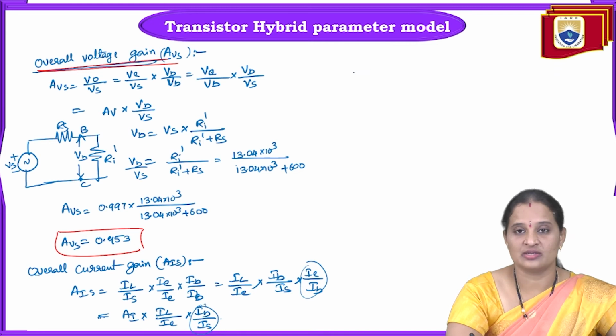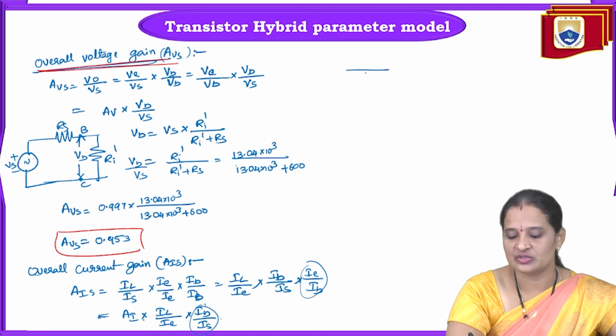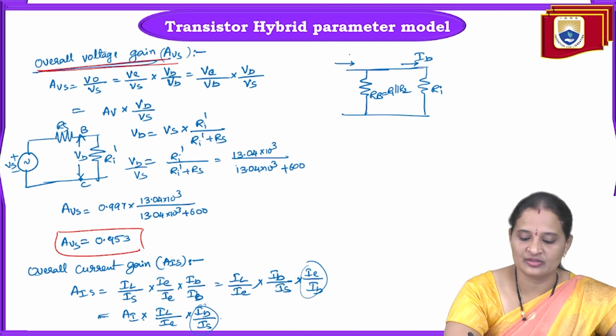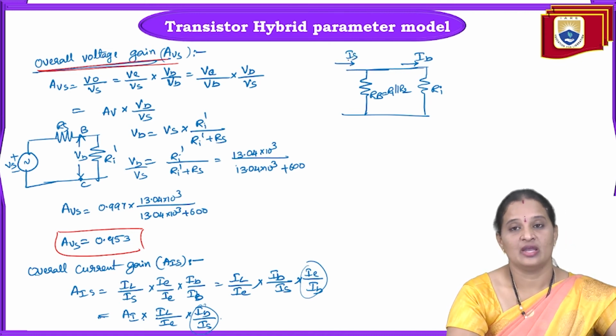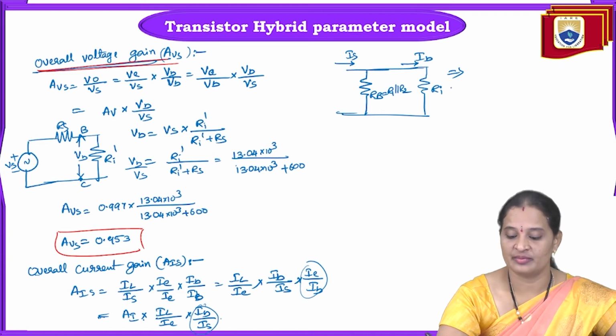First I want to calculate this value. In order to calculate it, I am considering the Norton's equivalent circuit of input. This is RB, where you all know that RB is equal to R1 in parallel with R2, and this is in parallel with RI, where the current flowing through this one is IB, and through this one is IS. Now I want to apply the current divider principle because it is a Norton's equivalent circuit.